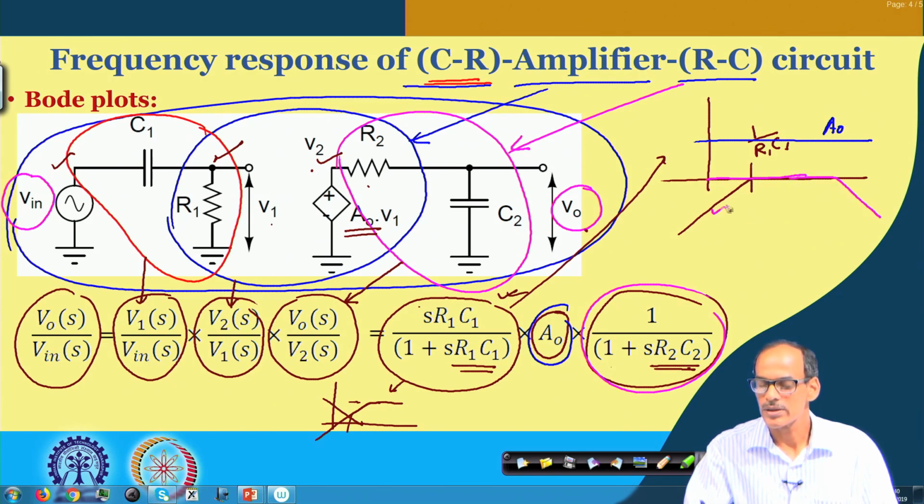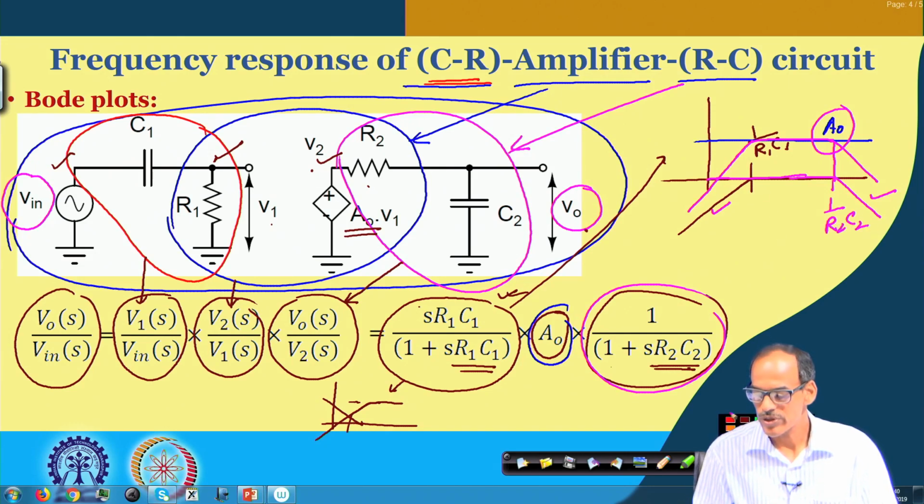Combining the high pass, low pass, and all pass gives us the frequency response of the entire system. Note that the upper cutoff frequency here is of course 1 by R 2 C 2.